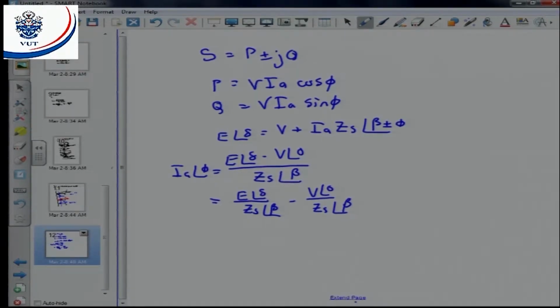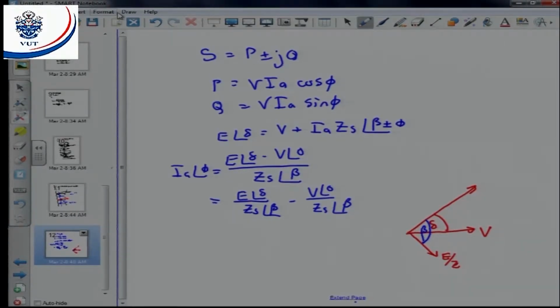Now if we draw a partial phasor diagram, we will have V there, E leading by a certain angle delta. Now if both of them are divided by ZS, we will have E over Z, and this will be at angle beta.